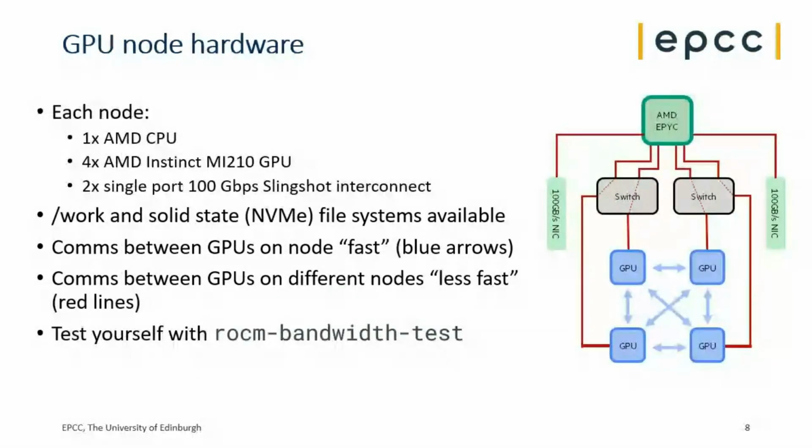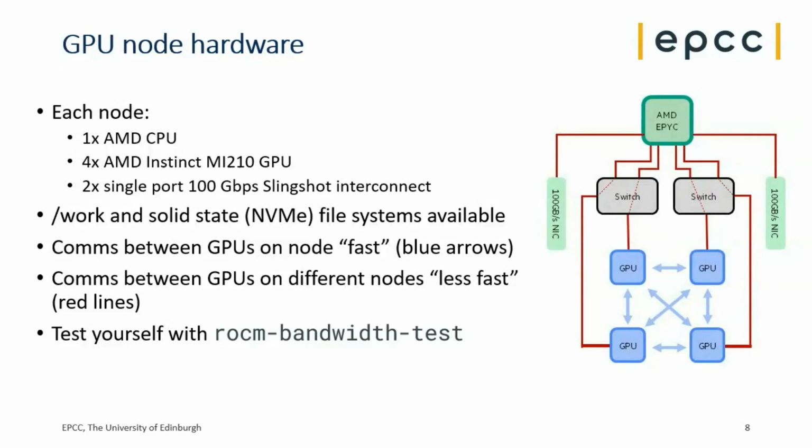So what are these nodes? They have 4 GPUs per node, very similar to what Mark was saying yesterday. They're MI210s. So they are of a similar era to the MI250Xs that Frontier has, but with some slight differences.